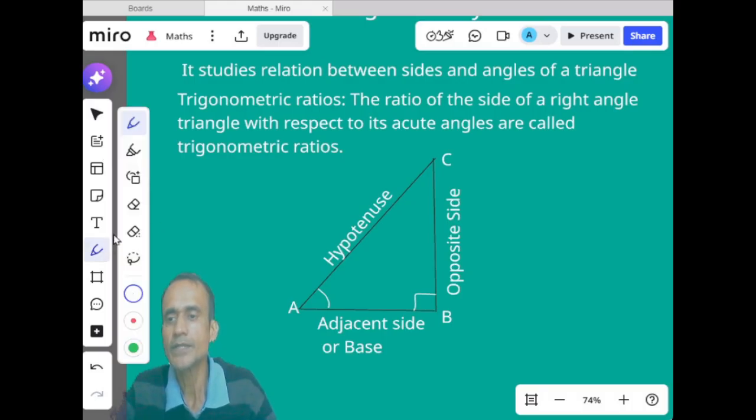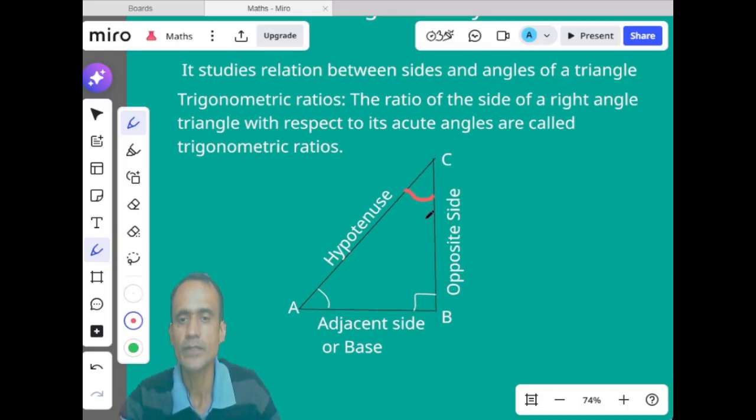But this terminology, opposite side, adjacent side, will change if we take C as the angle. If I want to find the opposite side and adjacent side with respect to C, then the side in front of it will be the opposite side.